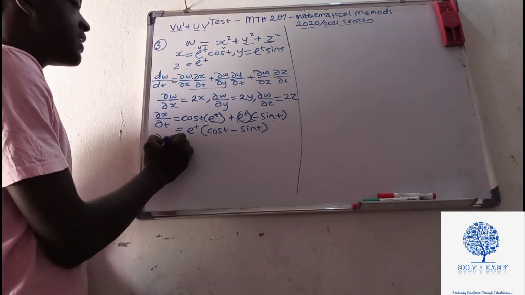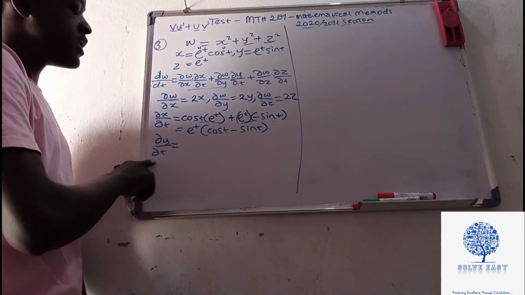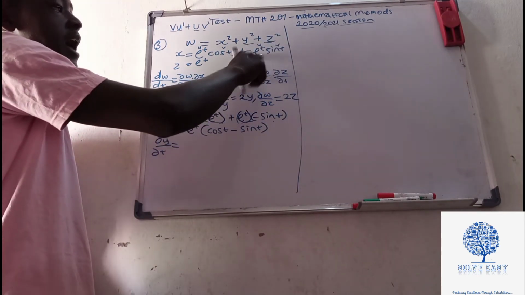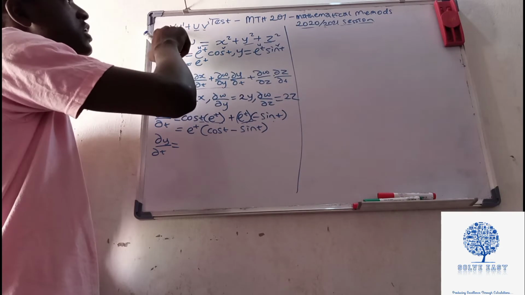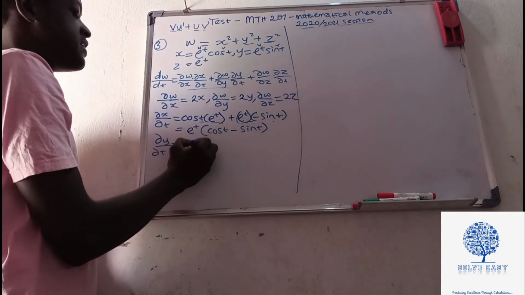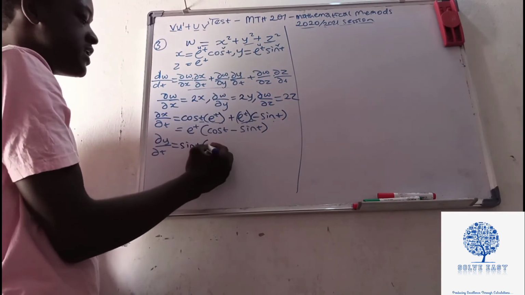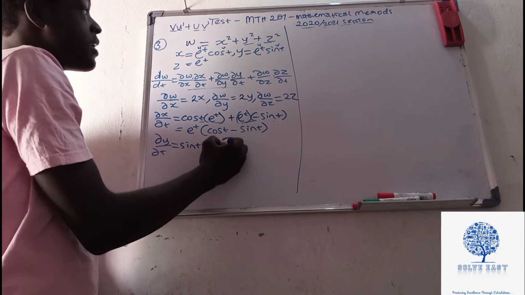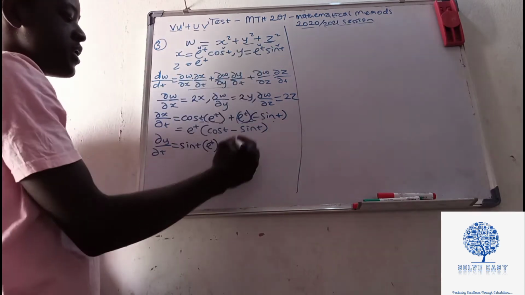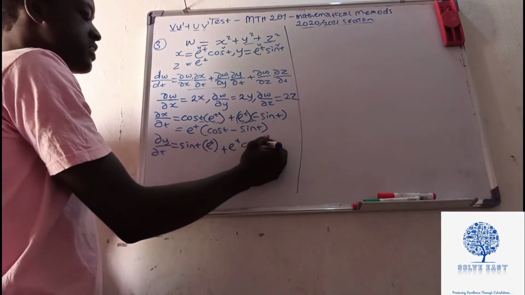Now for dy/dt, we are differentiating y with respect to t. We call this u and this v because our variable t appears here and here. Using our formula, v is sin t, so we have sin t times u prime, and differentiating u with respect to t gives us e^t, plus our u is e^t, and then differentiating v is cos t.